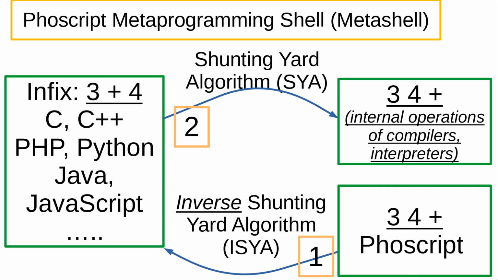We will now apply the inverse shunting yard algorithm as indicated as step 1, pointing to the green box on the left. Since this is only a 10-minute short lecture, I shall not go into the detailed implementations of the inverse shunting yard algorithm, except to introduce the term PhosScript metaprogramming shell or meta shell.